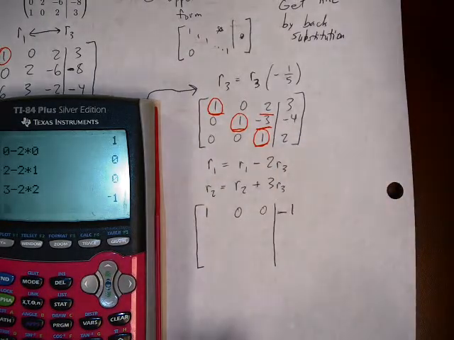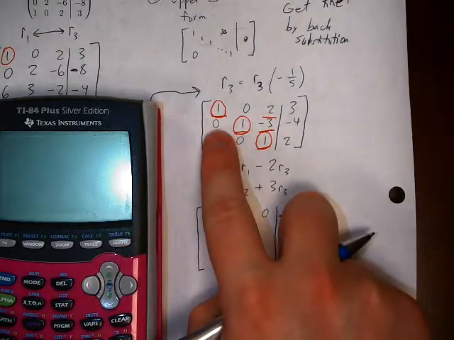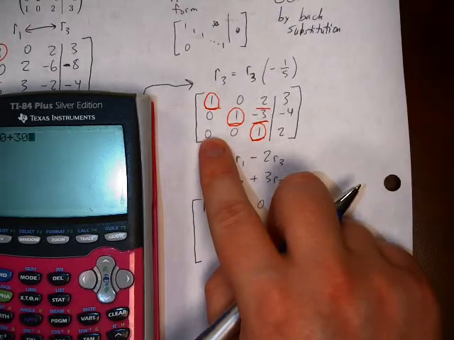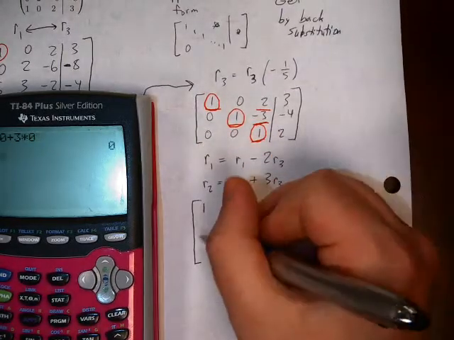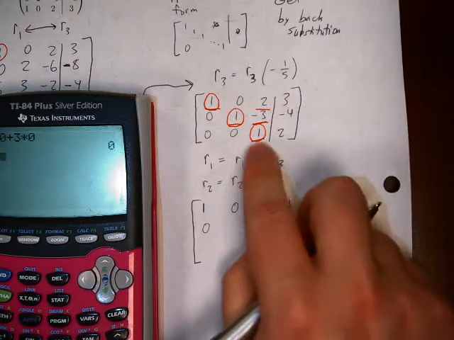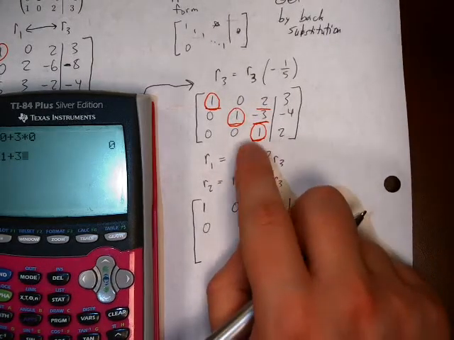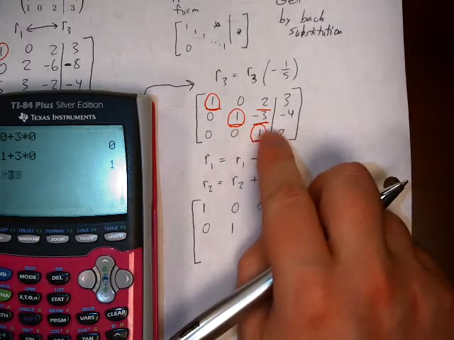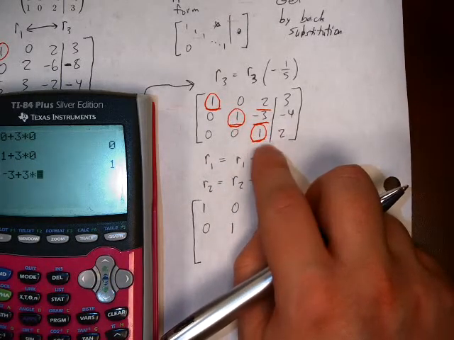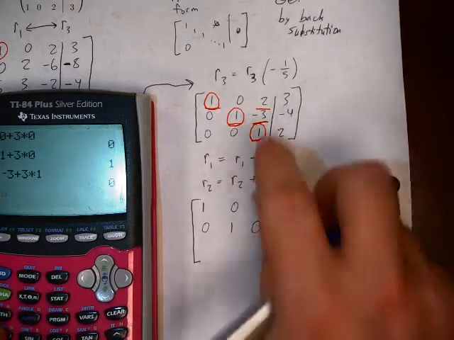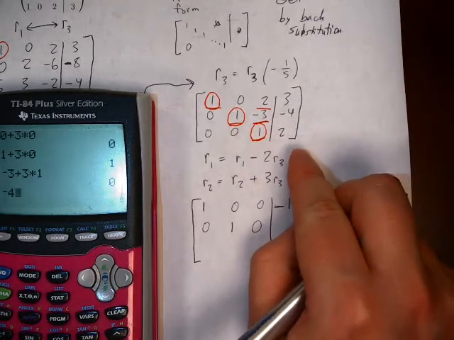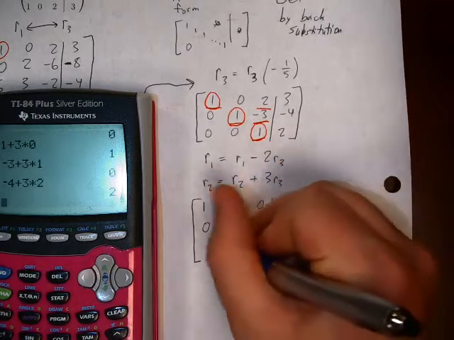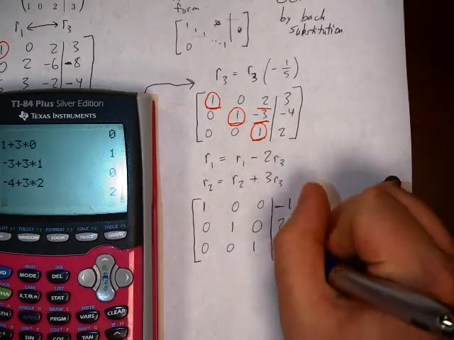So row 2 will become 0 plus 3 times 0, which is 0. 1 plus 3 times 0, which is 1. And negative 3 plus 3 times 1, which is 0. And then negative 4 plus 3 times 2, which is 2. And then our last row stays the same.